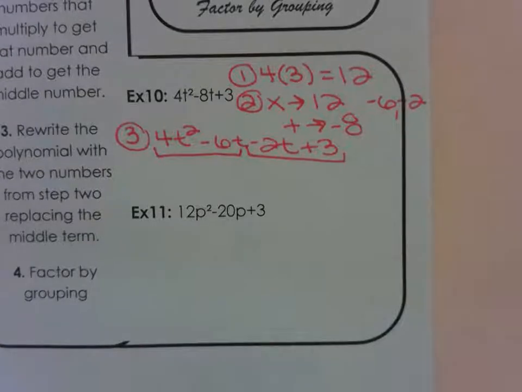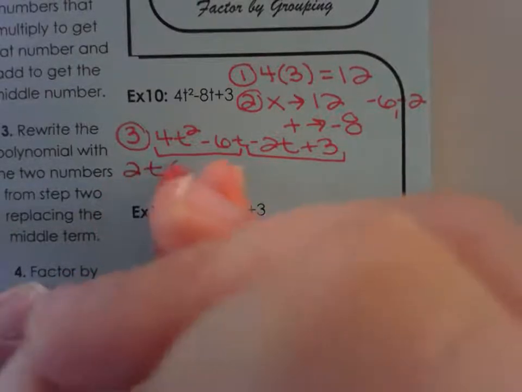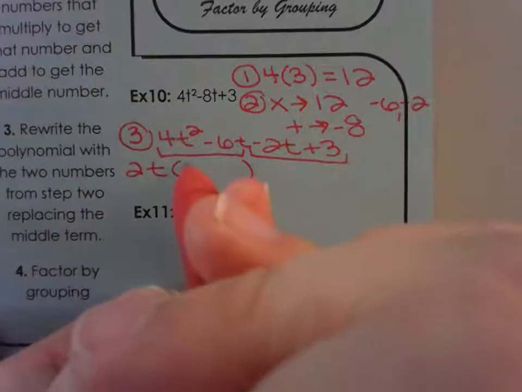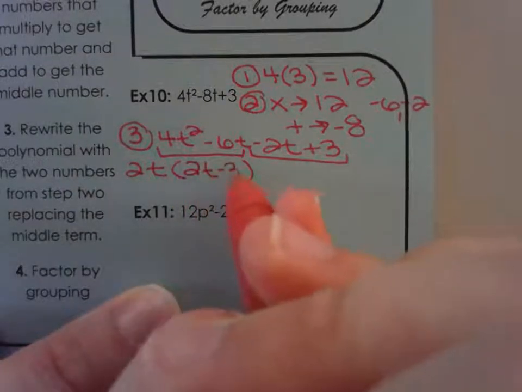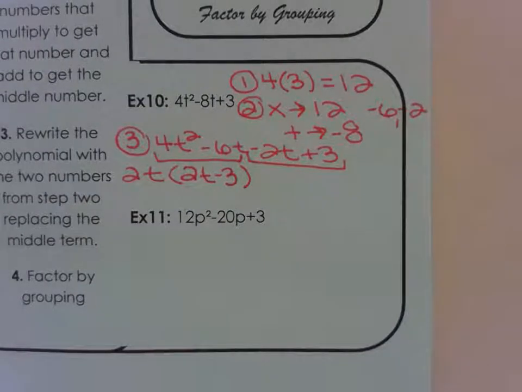Alright, the GCF of 4t squared minus 6t: negative 2t, but I would just do a positive 2t. If I take out a positive 2t, what is left? 2t minus 3. Now the second part, I have a negative 2t plus 3.